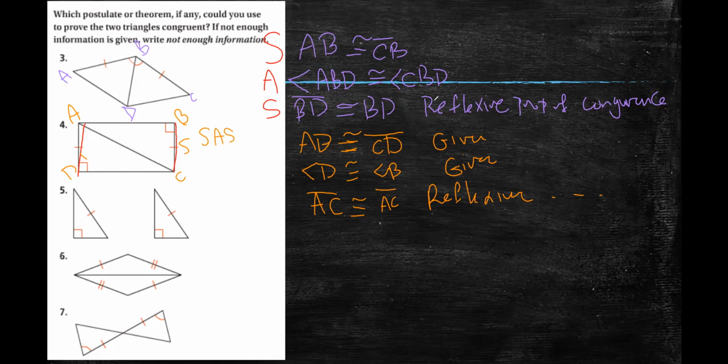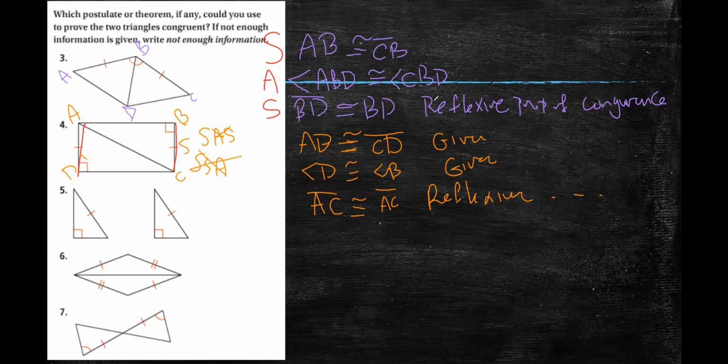But the angle here is not included. So which theorem or postulate would I use? SAS cannot work. Here I have side, angle, and this theorem is not defined.